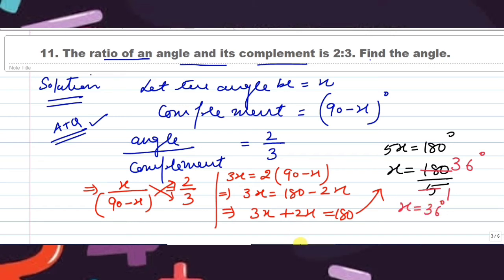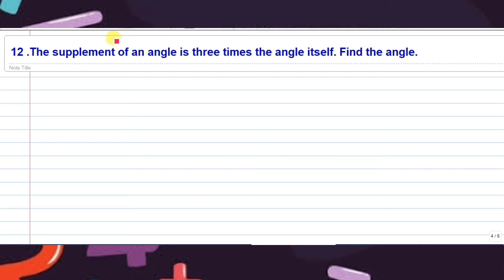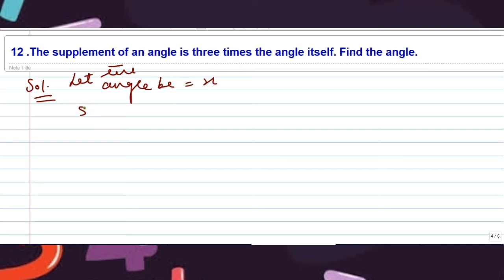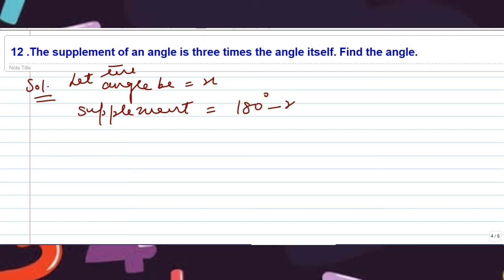Clear? Now next we have the supplement of an angle is 3 times the angle itself. Accordingly you have to do the same. Let the angle be x. Now supplement of it, what will come? This time you have to subtract from 180, because it says supplement.